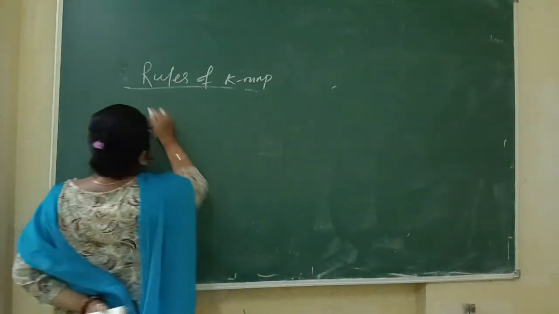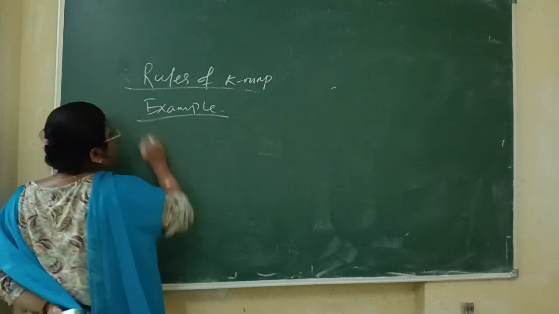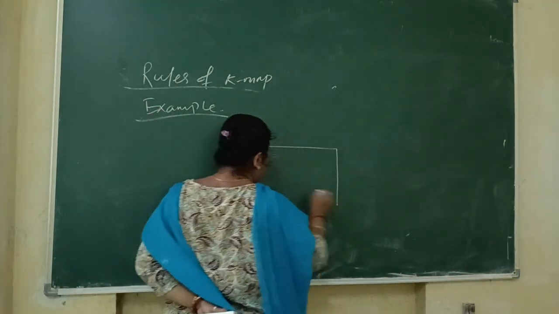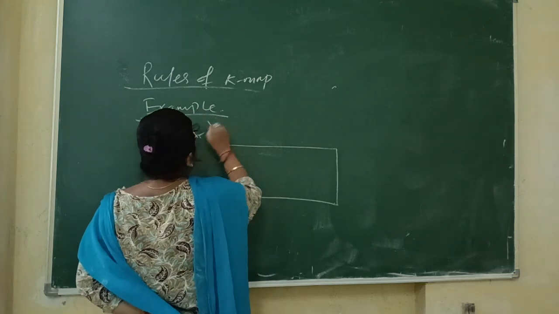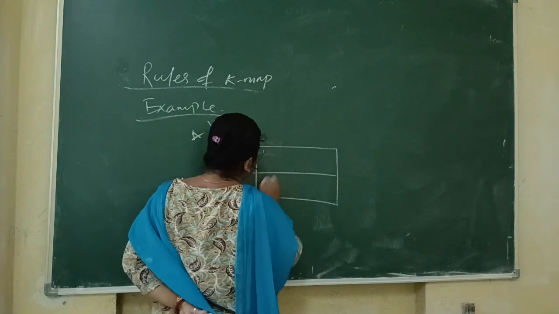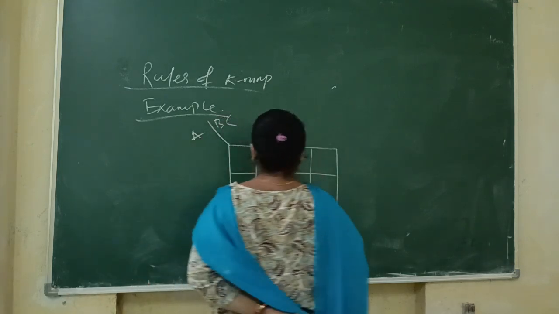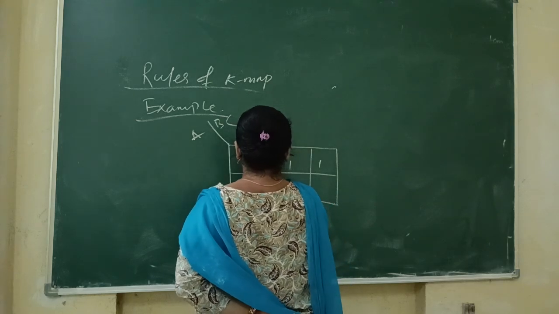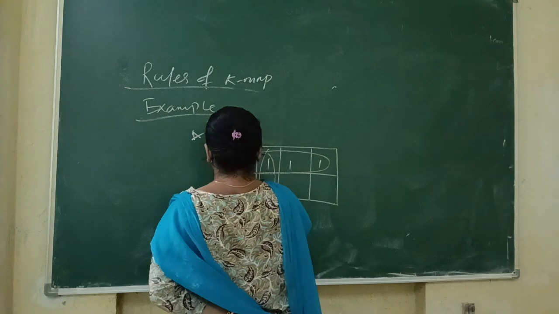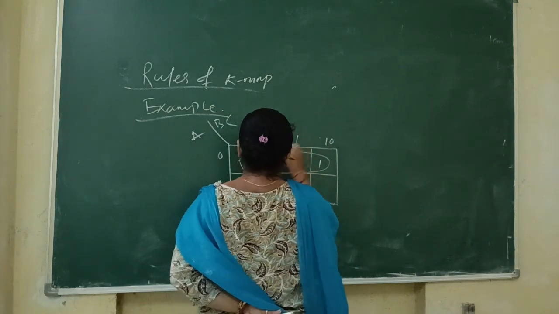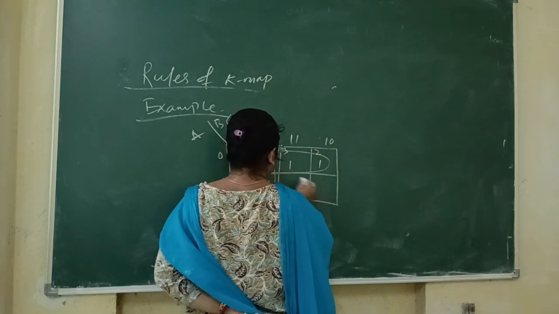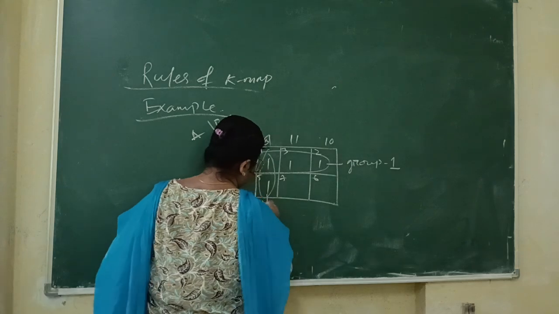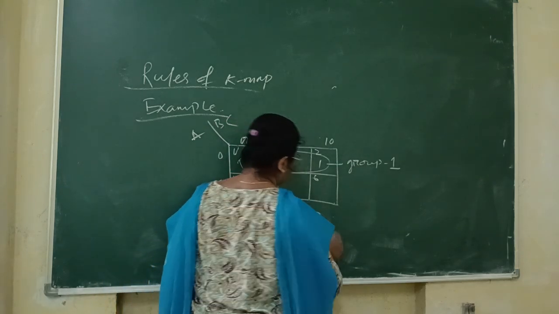So now, example: minimize the Boolean expression using the K-map. So now I am giving an example of a 3 variable K-map, minimize that expression and draw the logic circuit.